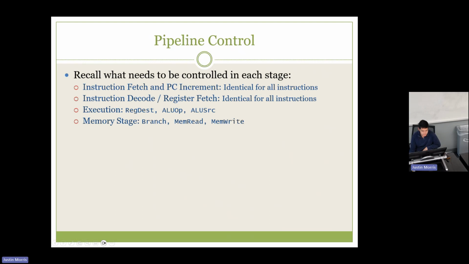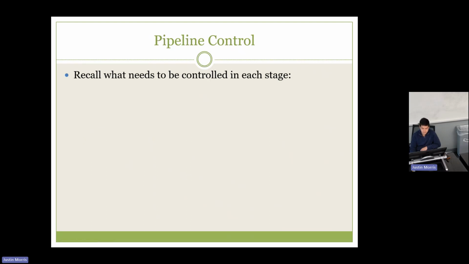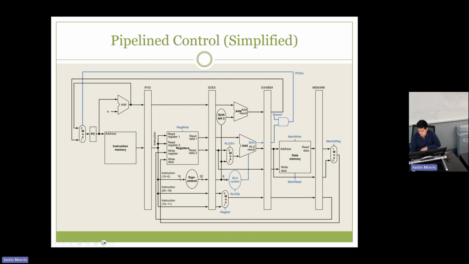In the memory stage, we're consuming branch, mem read, mem write. In write back, we're consuming mem to reg and reg write. And we're also consuming this register. Well, in a way, we're consuming it in write back, but the reason that it's in execute that we're consuming it is because that's when we're consuming the control signal.